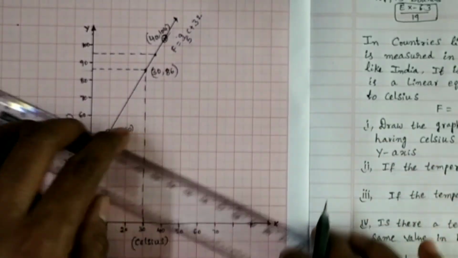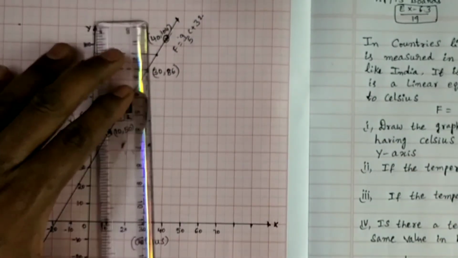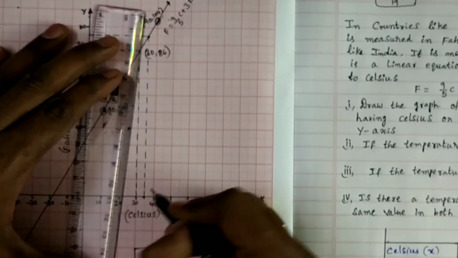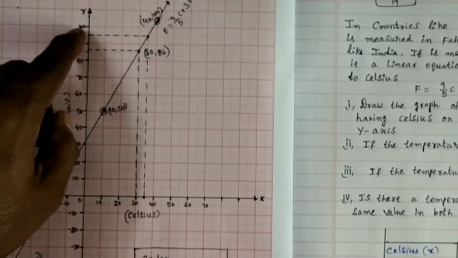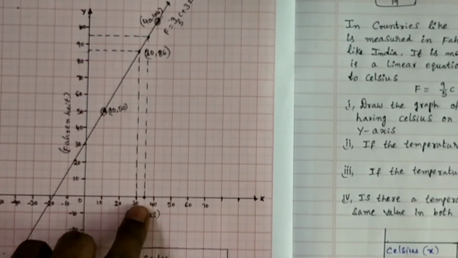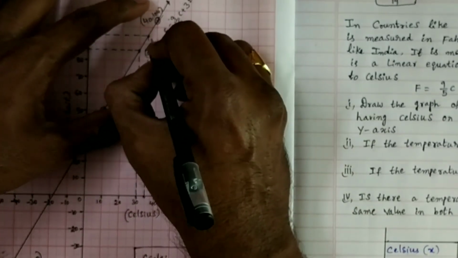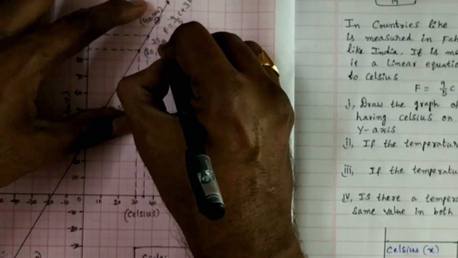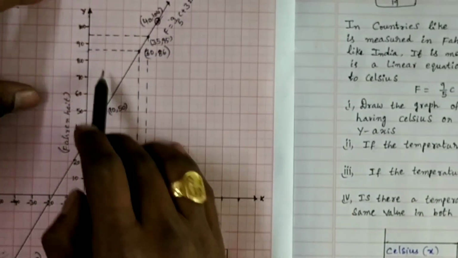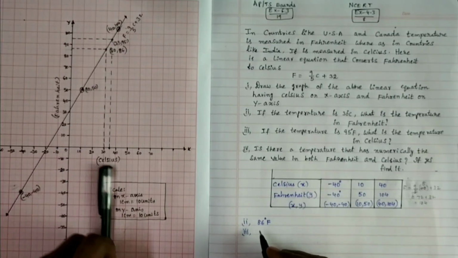From this point, draw a perpendicular line to the dotted line. So when 95 degrees Fahrenheit, the Celsius will be 35 degrees Celsius. So this is the point 35 comma 95.